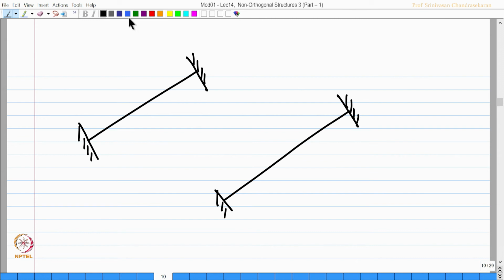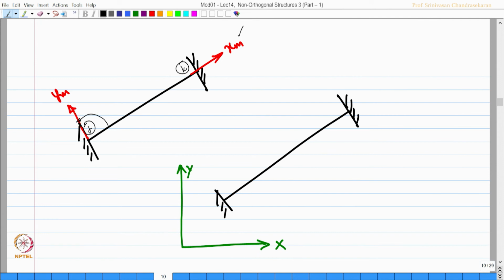One is for the local axis, the other is the reference axis. We know this is my jth end, this is my kth end, because the member should be oriented towards the positive side of x m and y m should be 90 degrees to x m.